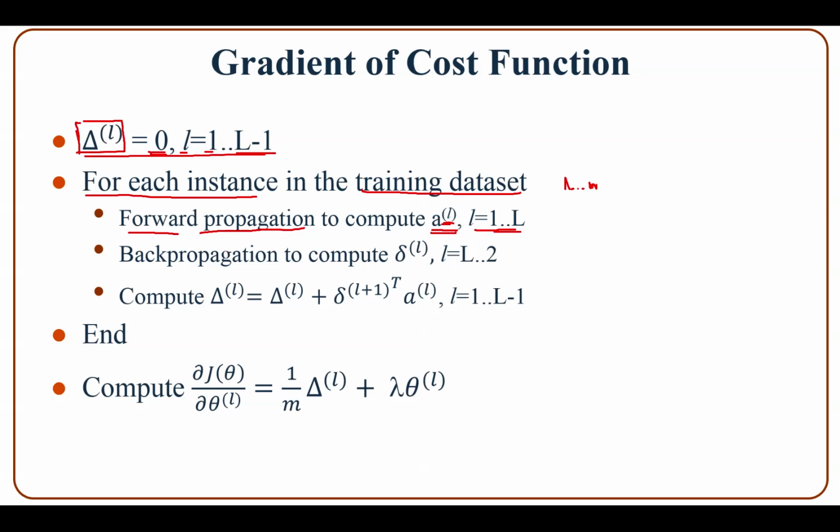So in layer 1, A1 is actually just the instance itself with all the attributes.